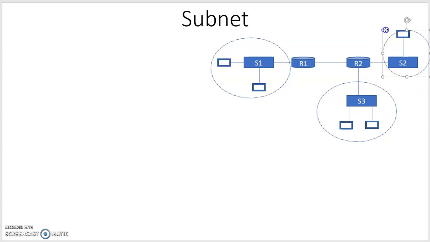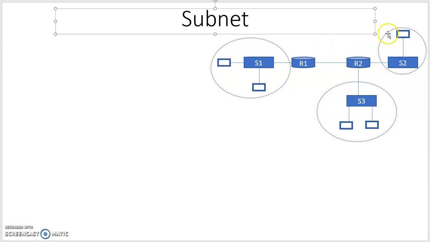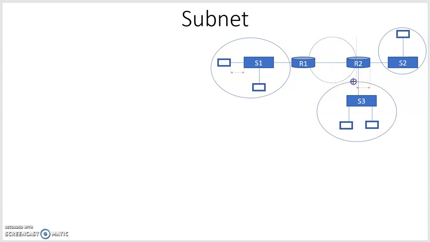That's the third network, and there is another network here because routers R1 and R2 are connected and they form another network. So altogether, in this network diagram, there are 4 network segments: 1, 2, 3, and 4.